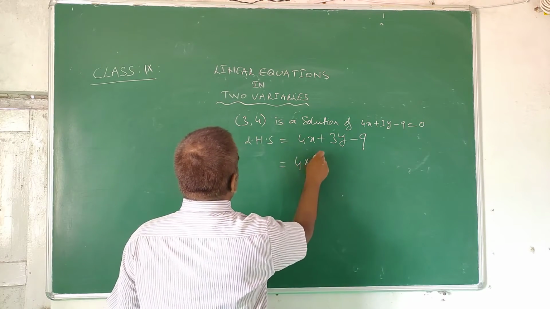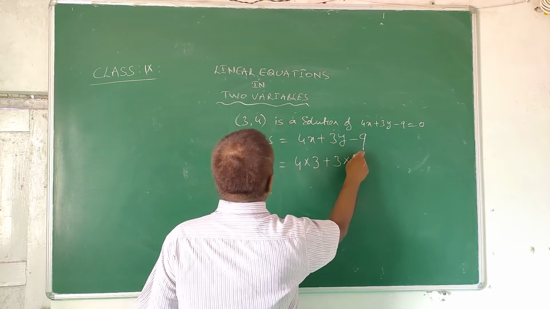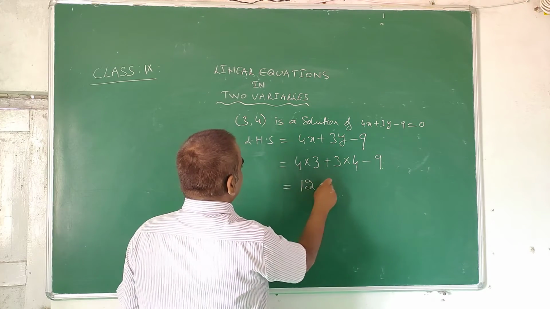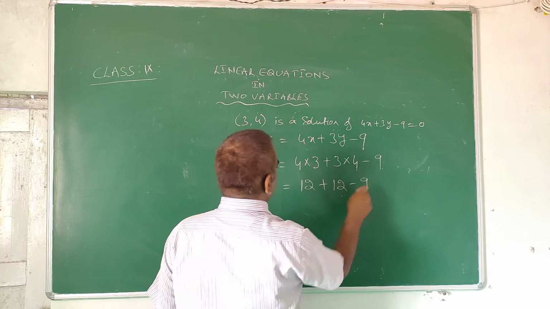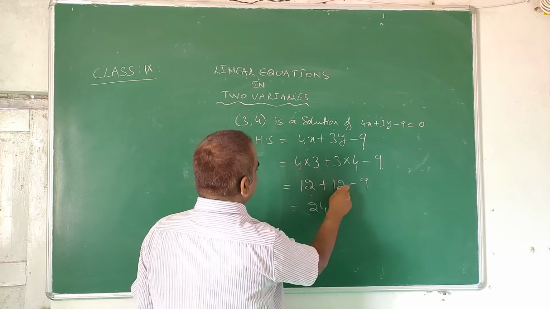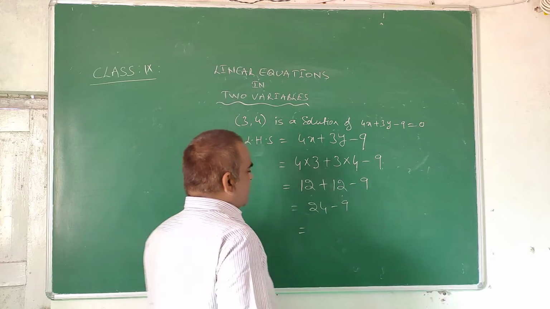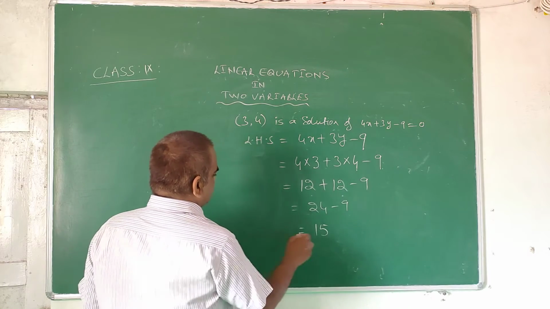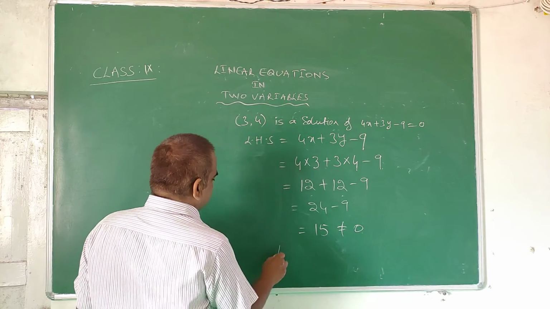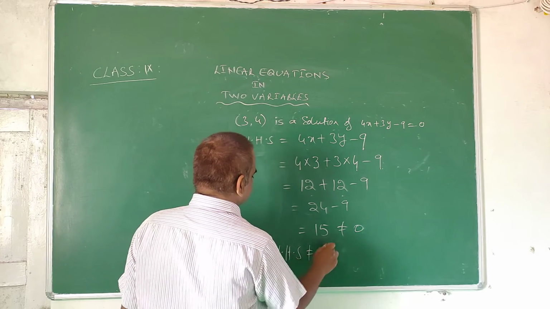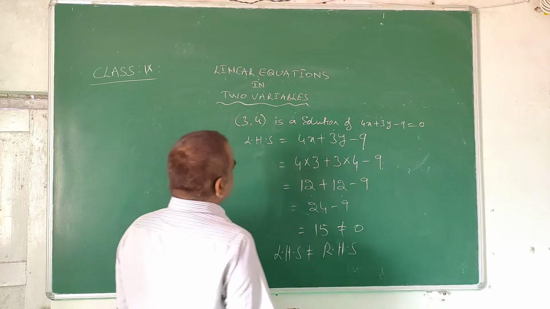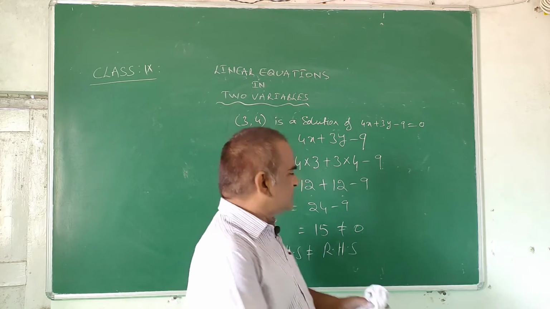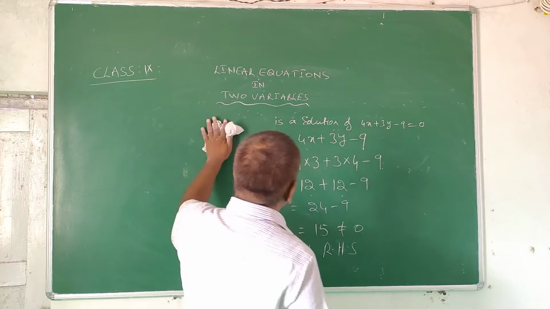Then 4 into 3 plus 3 into 4 minus 9. 4 threes are 12 plus 3 fours are 12 minus 9. 12 plus 12 is 24, minus 9 is 15, which is not equal to 0. So LHS is not equal to RHS. Therefore 3 comma 4 is not a solution of the given linear equation. Understood? So next question.